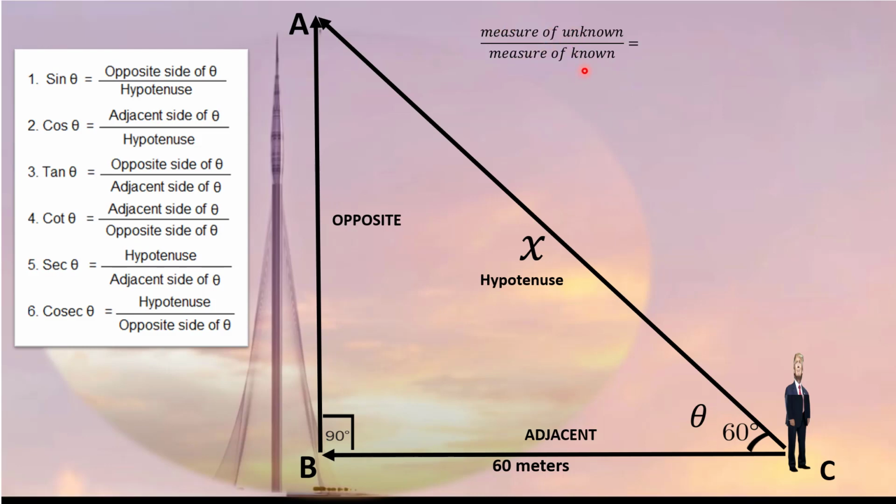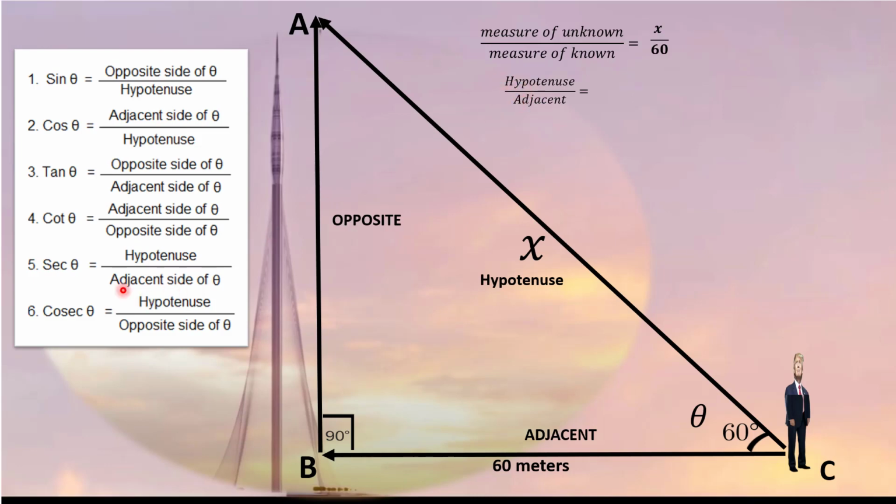What is the unknown side here? Hypotenuse. The known side is adjacent. So how do you write the ratio? Hypotenuse over adjacent.